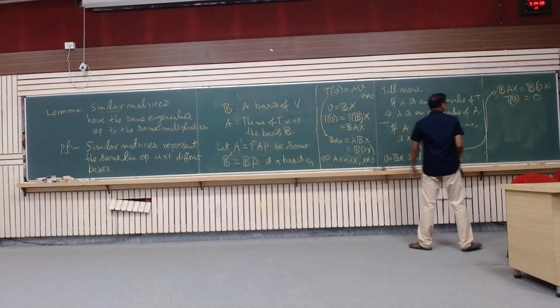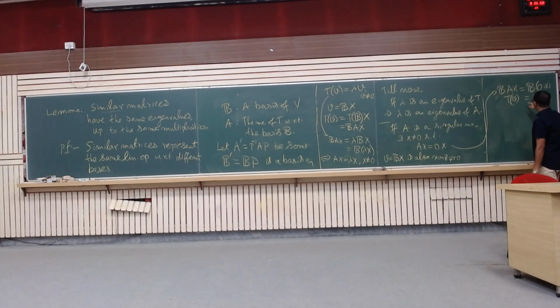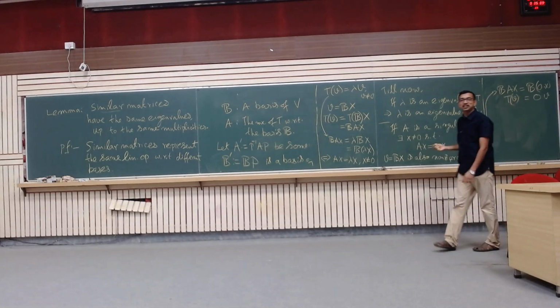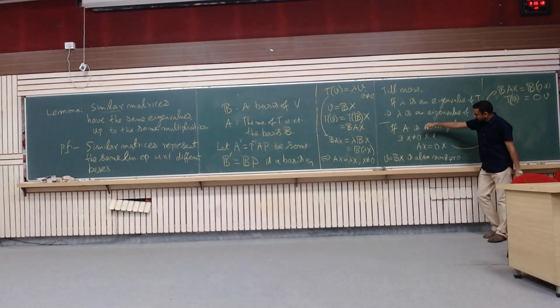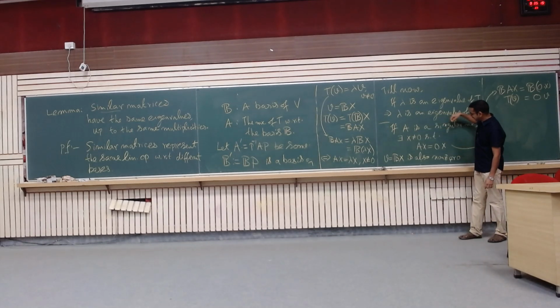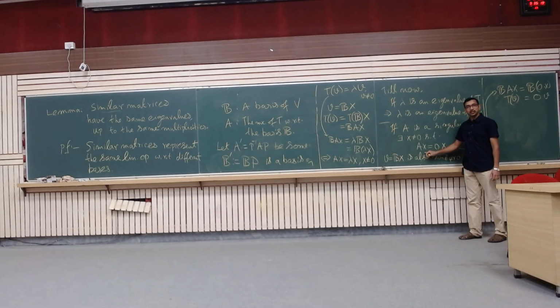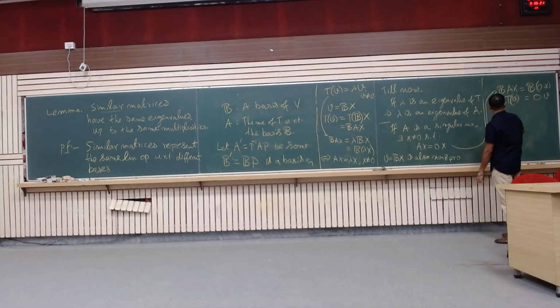So what you are getting is that T of v is 0, and that means it is 0 times v. v is a non-zero vector. So if A is singular, that means 0 is an eigenvalue of A, and that means 0 is also an eigenvalue of T.